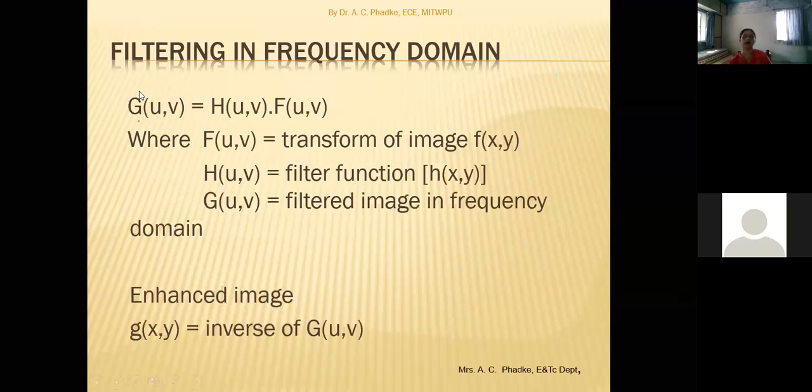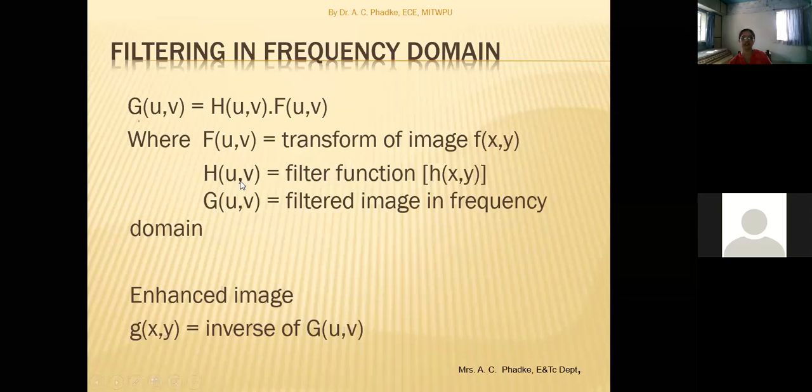So how can we achieve this filtering in frequency domain? We simply multiply the transform of the image by the filter function. Here F(u,v) is the transform of the image f(x,y). H(u,v) is nothing but the filter function in frequency domain.